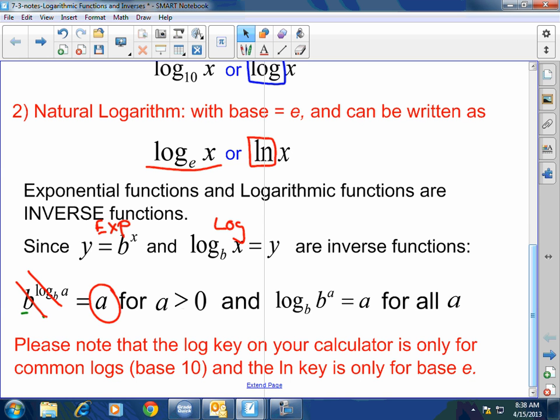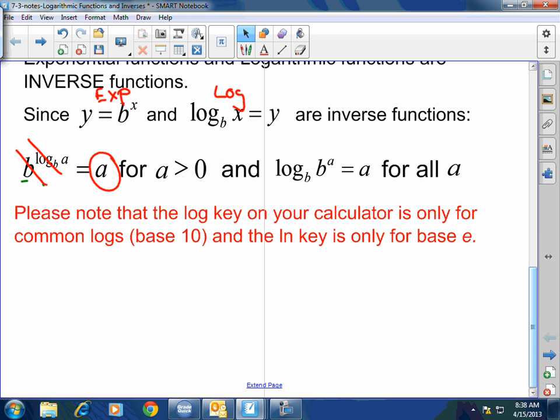If I have log base b of b, those two cancel, and I have what's left over. Okay? You guys with me so far? We're going to do a lot of examples, I promise. Bear with me, guys. I know it's a lot of stuff right now.